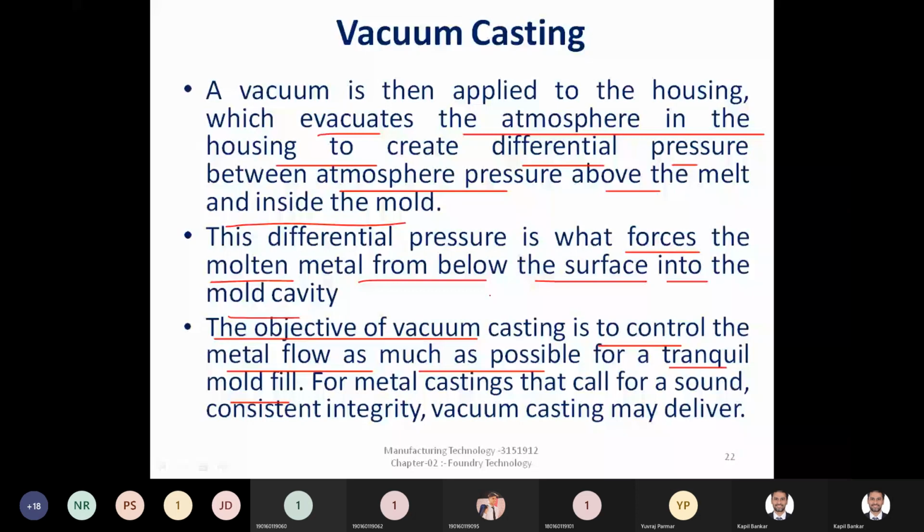So tranquil mold fill, easy fill, no violent effect of molten metal. So for metal casting that calls for soundness, you can create a sound casting with consistent integrity. That is possible by this vacuum casting process.